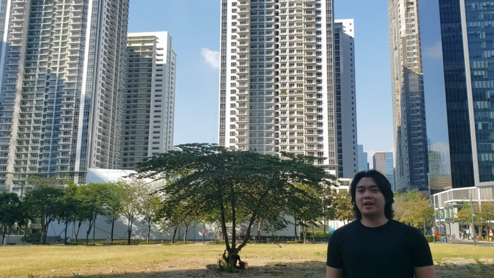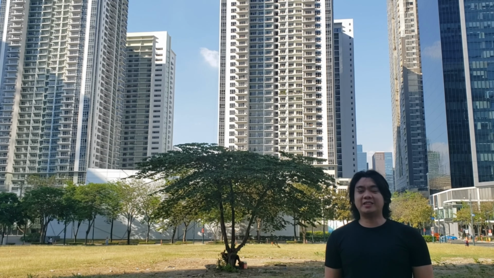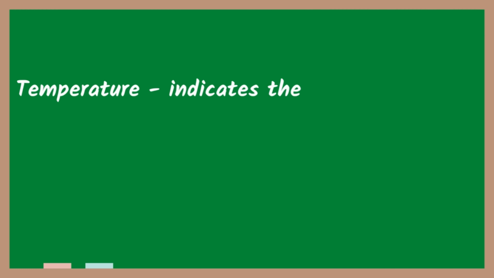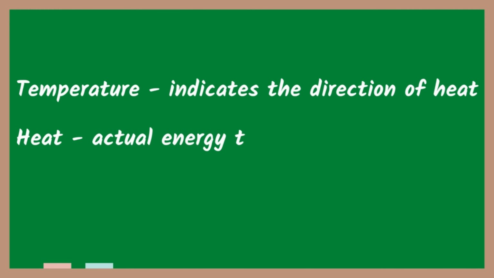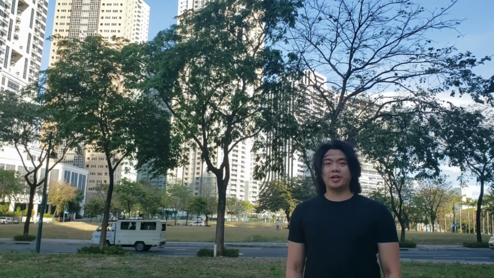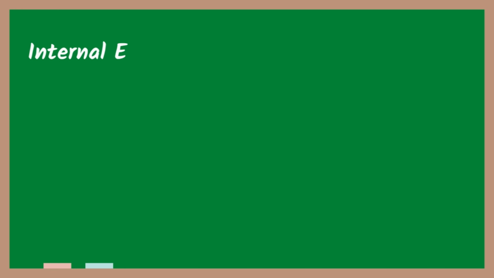Temperature indicates the direction of heat flow, while heat is the energy that is being transferred. Once transferred, it can no longer be called heat. It becomes the internal energy of the body.